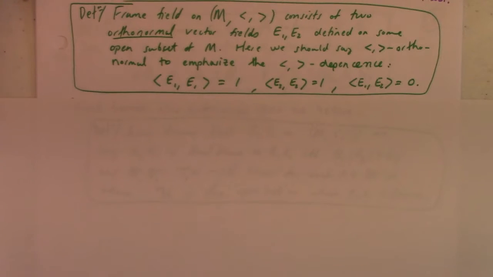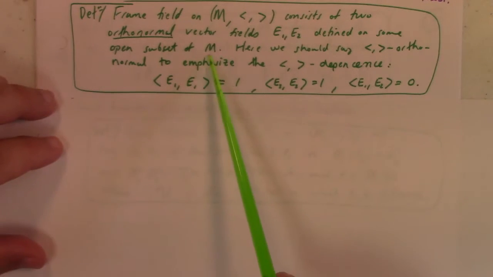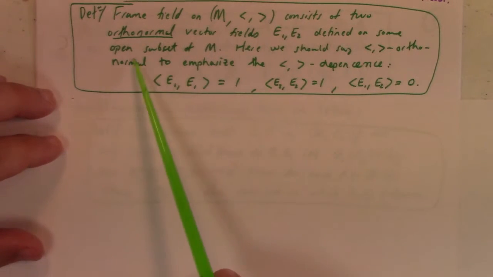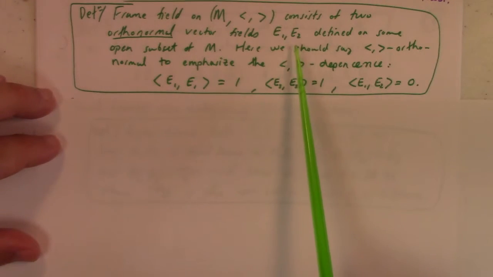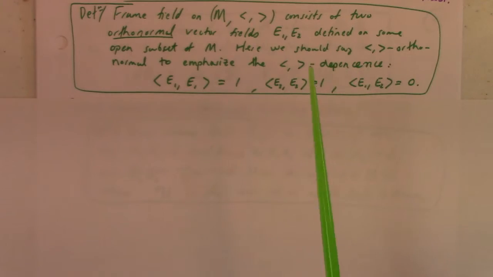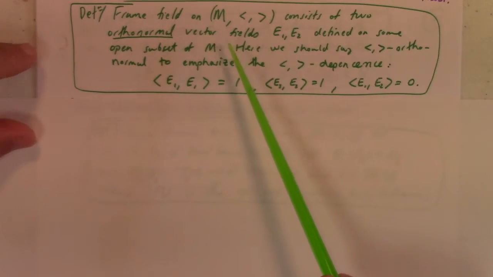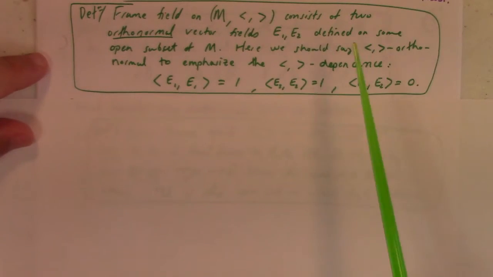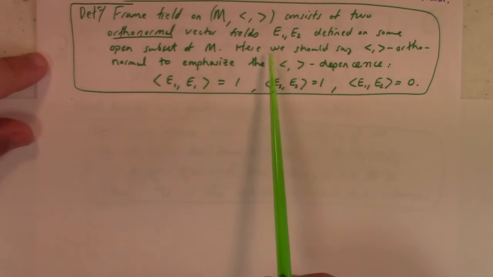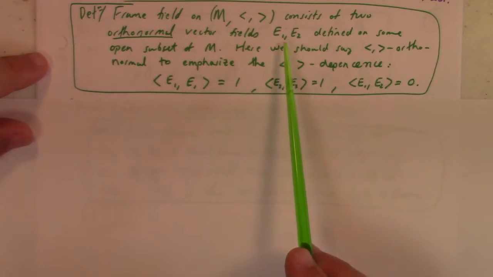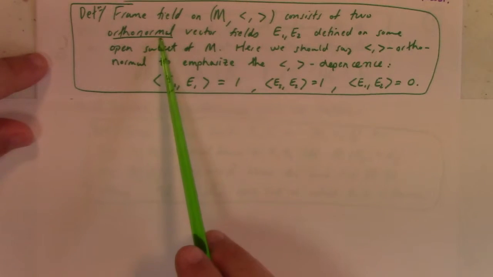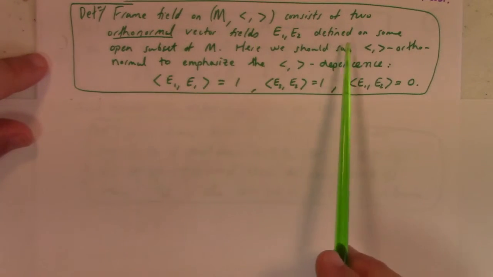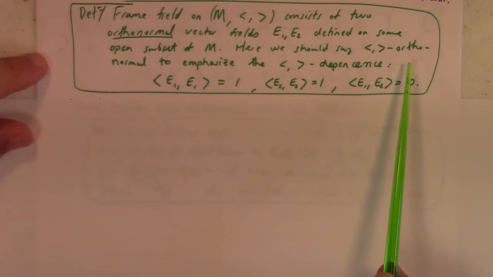So to start with, first order of business, the frame field. A frame field on a geometric surface consists of orthonormal vector fields E1 and E2 defined on some open subset of M. You can still define the tangent space as the union of all curves or as derivations on functions, whatever floats your boat. So you've got tangent spaces at each point, and you can define orthonormal because you've got a metric, so there's a notion of perpendicular, and there's a notion of length 1.